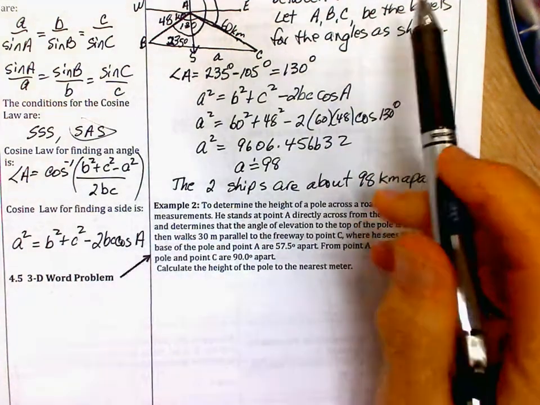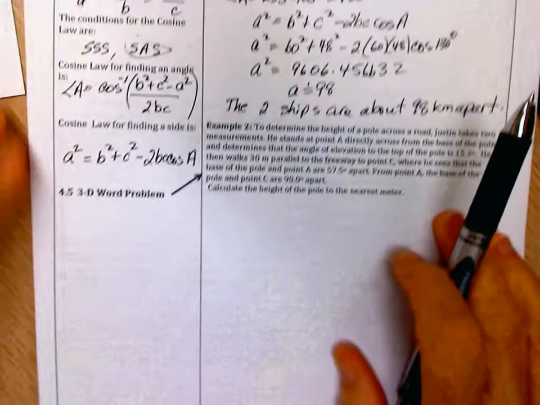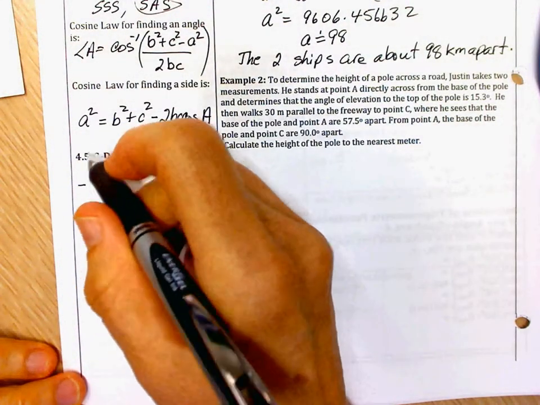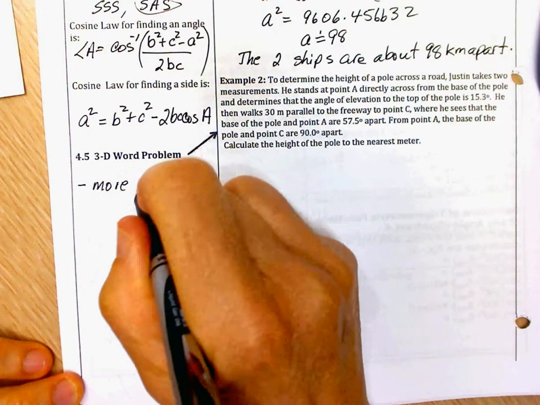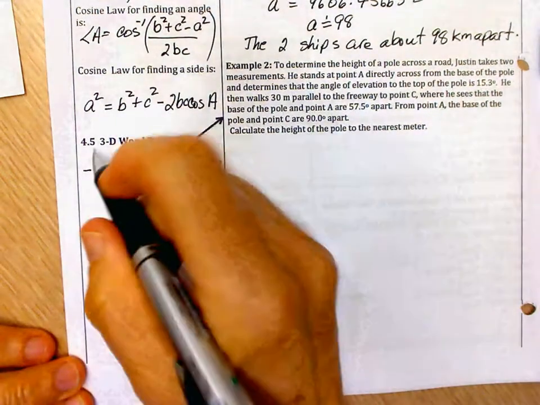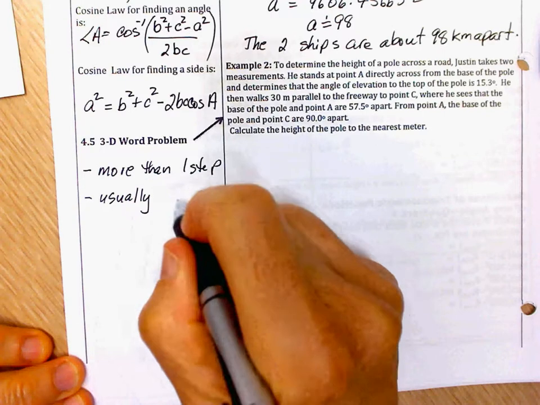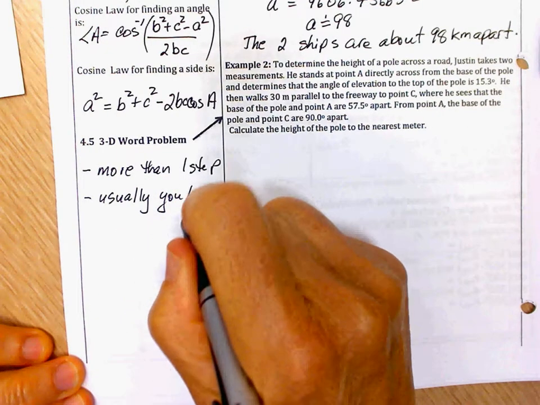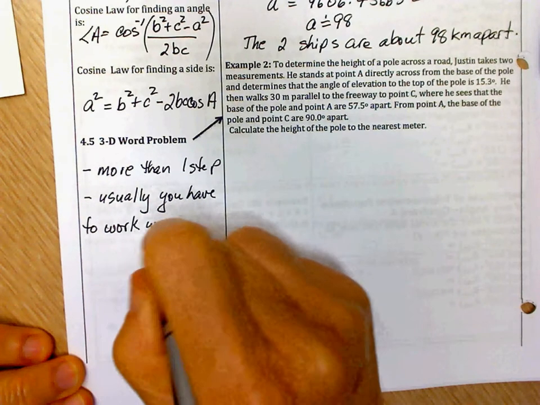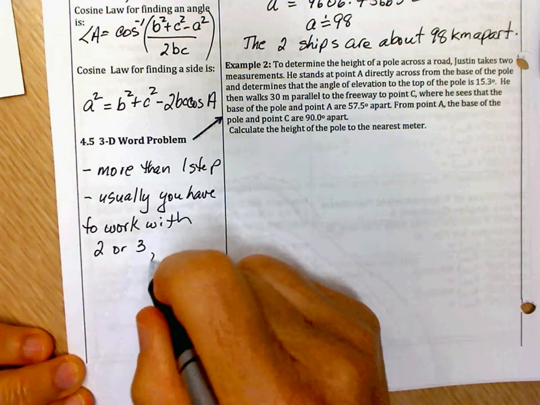Notice we're basically working with one triangle. Let's look at a three-dimensional problem. So there's usually more than one step. And usually in a three-dimensional problem, you have to work with two or three 2D triangles.